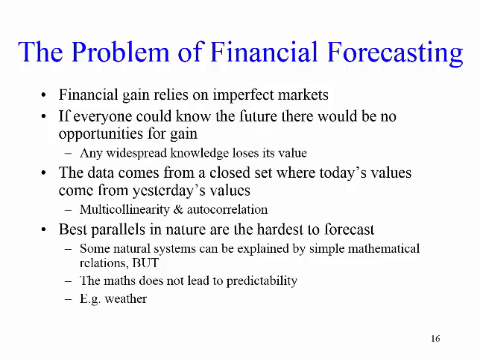And yet, finance relies on imperfect markets, on the fact that there are advantages that other people do not know about, which is almost a definition of market imperfection. If everyone could know the future, effectively there would be no opportunities for financial gain.